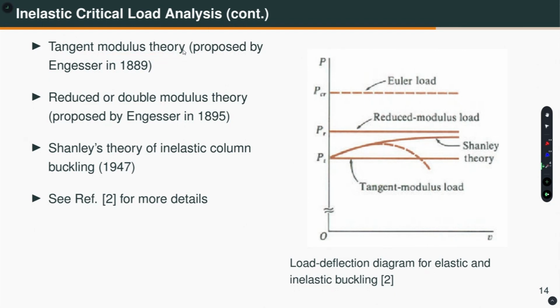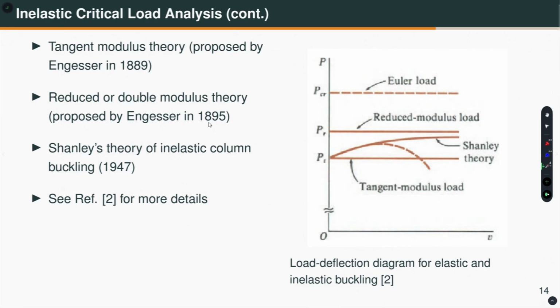Okay. So, if I show you schematically, for an ideal inelastic column, if I plot the axial force P and the lateral displacement V. If it is elastic analysis, then this is the Euler critical load. If we go by the tangent modulus theory, then this is the tangent modulus load for small displacement.